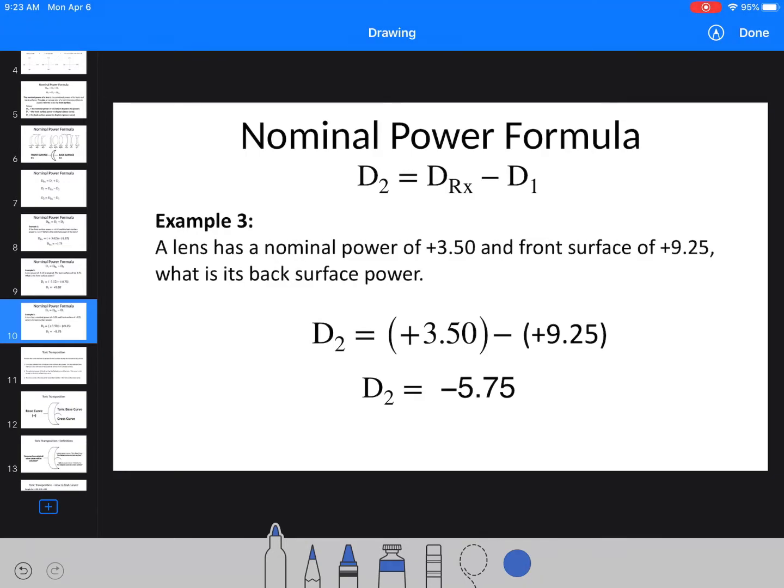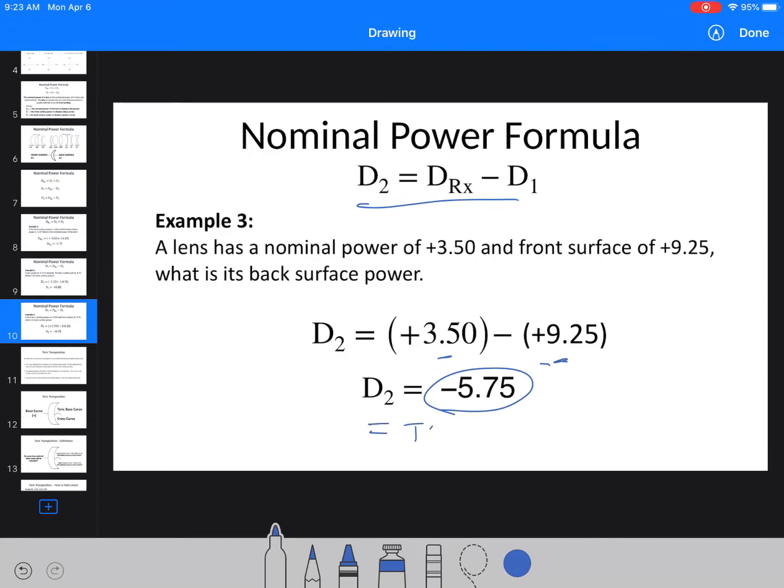This one here is a good example because this is actually solving for the back surface power. So this is saying the lens has a nominal power of plus 350, a front surface of 9 1/4, a base curve of 9 1/4. What's the back surface power? So following the formula, we take the nominal power and subtract it from the front surface, and we end up with a minus 575.